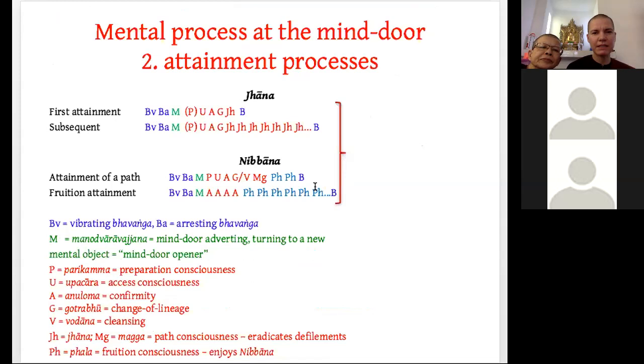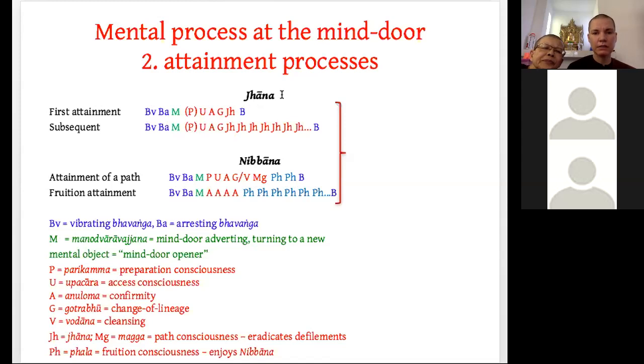The color coding that I have here is: resultant consciousness is blue, green is functional consciousness, red is wholesome consciousness, and again blue is resultant consciousness. And it's the same everywhere.